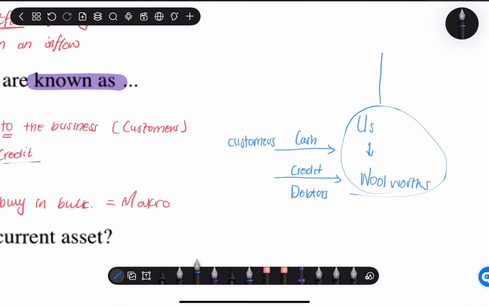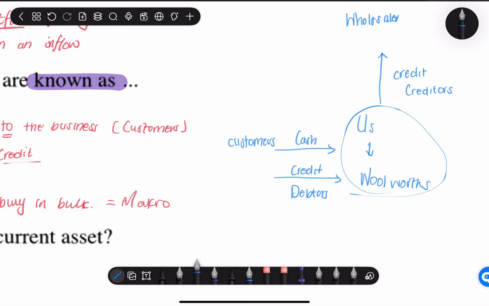When we approach a wholesaler, we buy on credit. And our wholesaler is then a creditor. Our creditors. Okay.